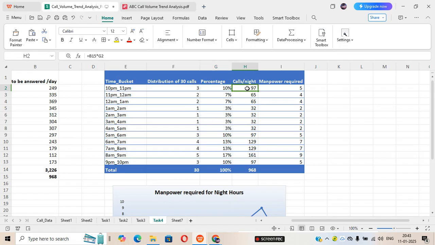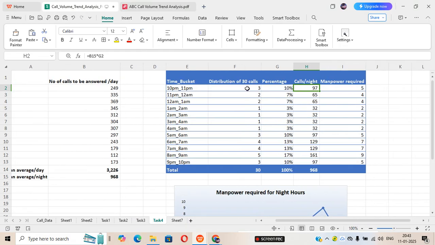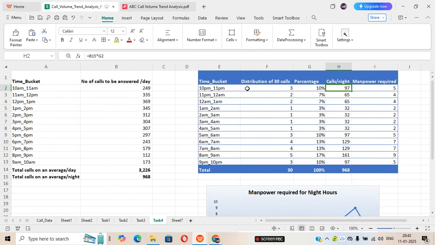After this, we'll be calculating calls per night. It is the number of answered calls per night. For this, I have calculated B14, which is average calls per day into 30 percent.